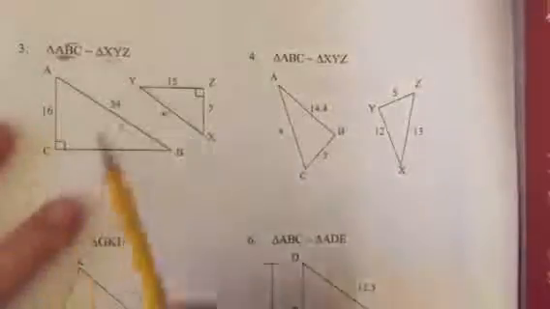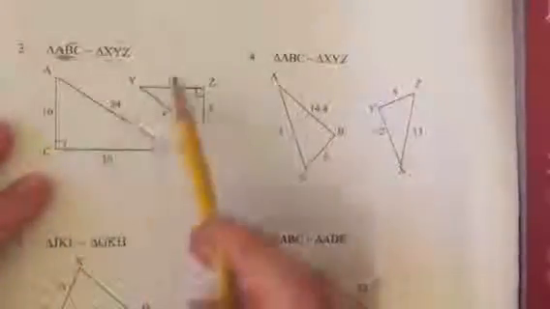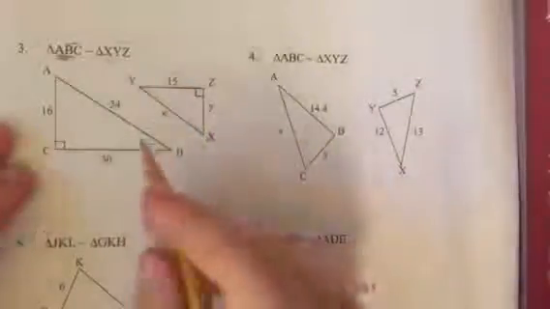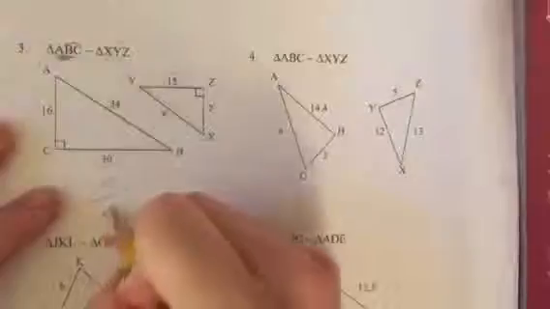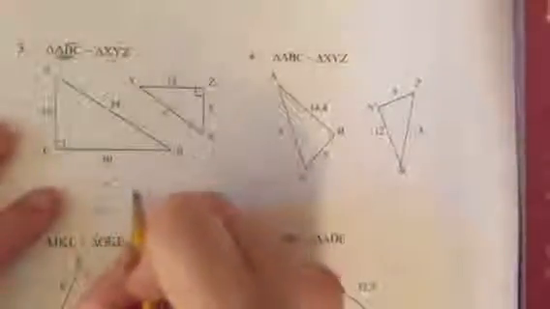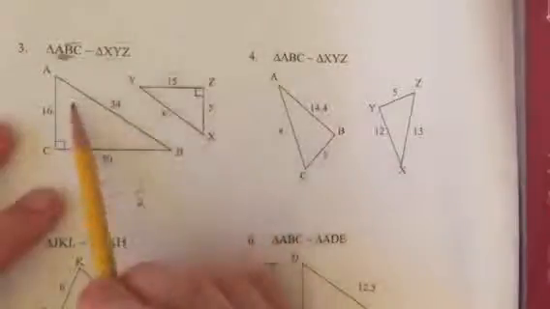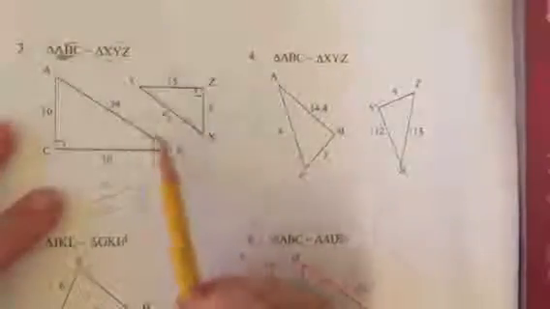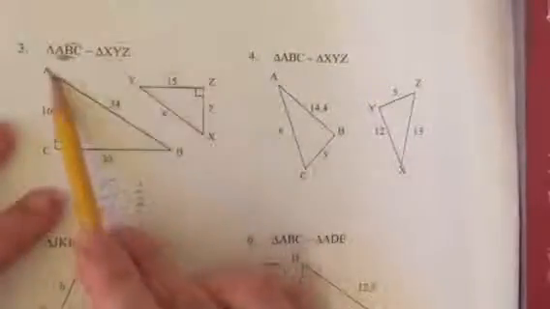There's a couple ways to do it, but I'm going to compare small to large. So I can compare 15 and divide that by 30, and that gives me 1/2. So if I want to go from the large triangle to the small triangle, I better take 1/2 of that. Now I just need to match up the others.